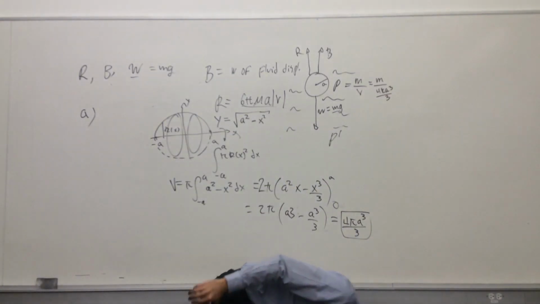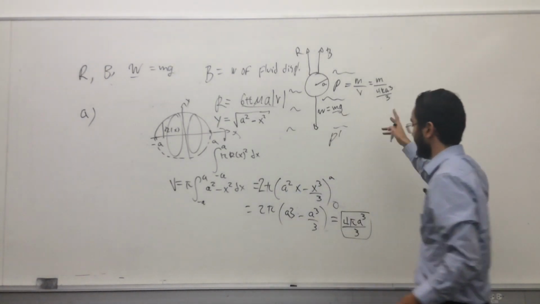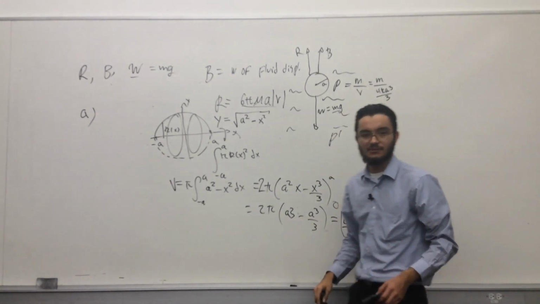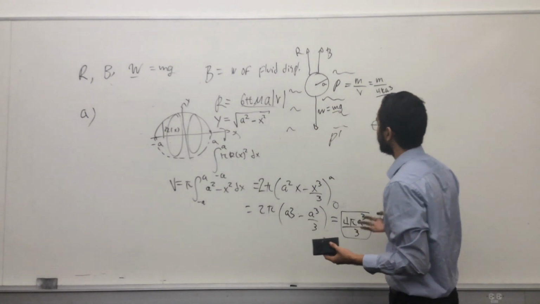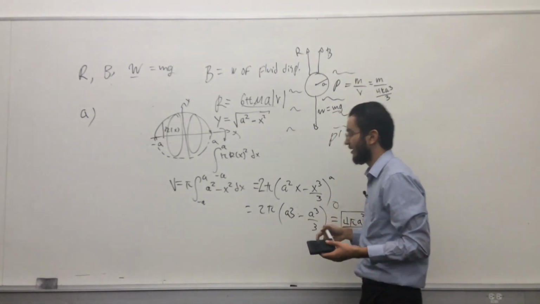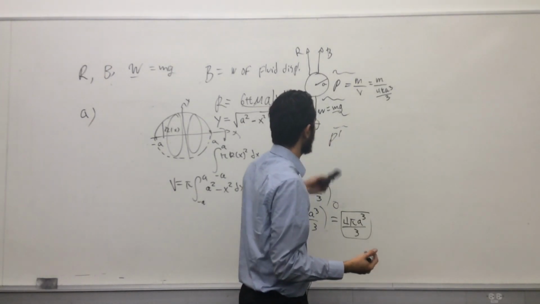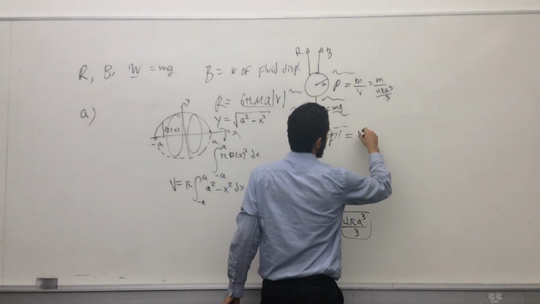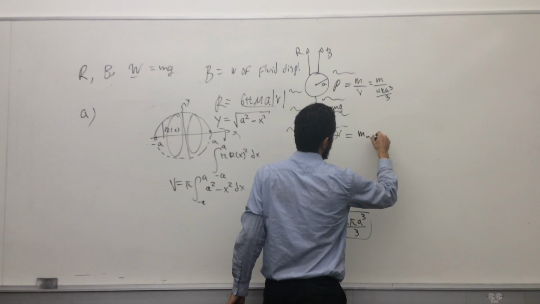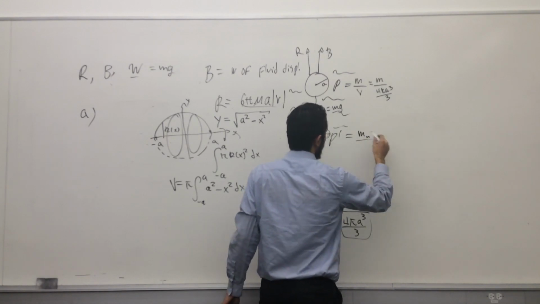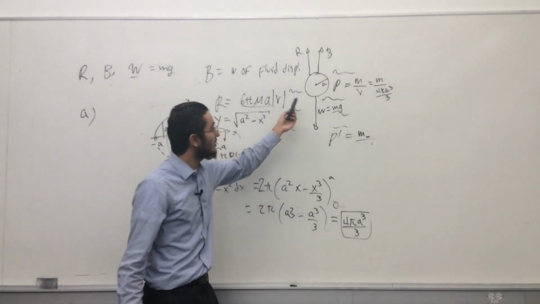Now, what is rho prime? Well, rho prime is the density of the fluid, right? And we could just assign some dummy variable for the mass. We can say this is just m, m for medium, divided by the volume, which in fact is the same volume as the sphere.